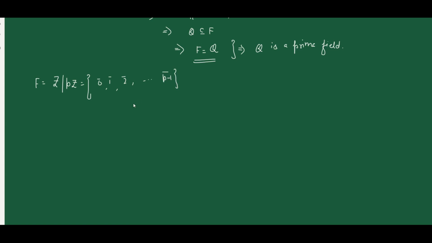And if anyone is interested, you can see our lectures on Z by nZ in the playlist field theory. So this is a field of p elements where p is a prime.